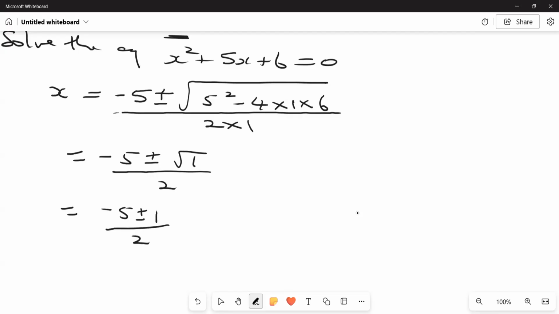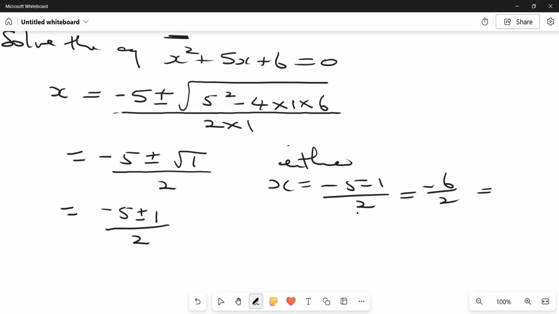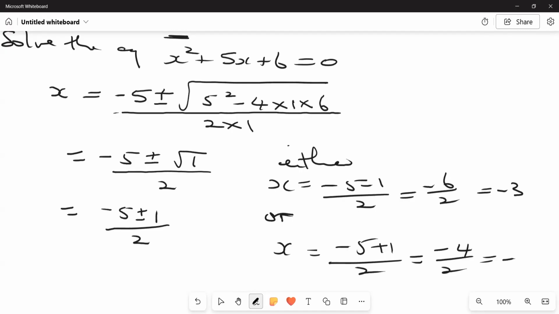So now x is equal to, either, minus 5 minus 1 over 2, which is minus 6 over 2, which is minus 3. Or x is equal to minus 5 plus 1 over 2, which is minus 4 over 2, equal to minus 2. Right, so those are your two values of x.